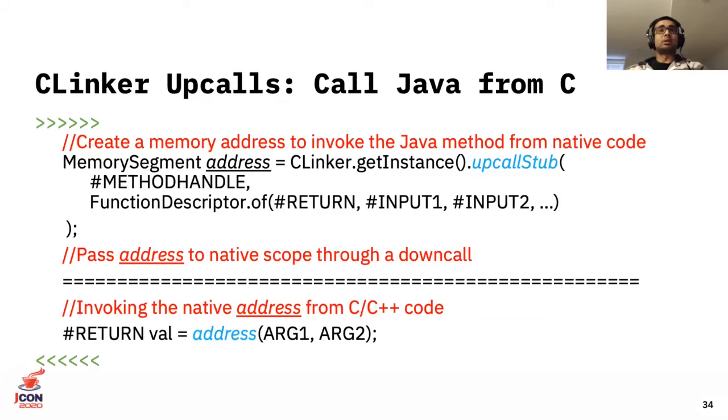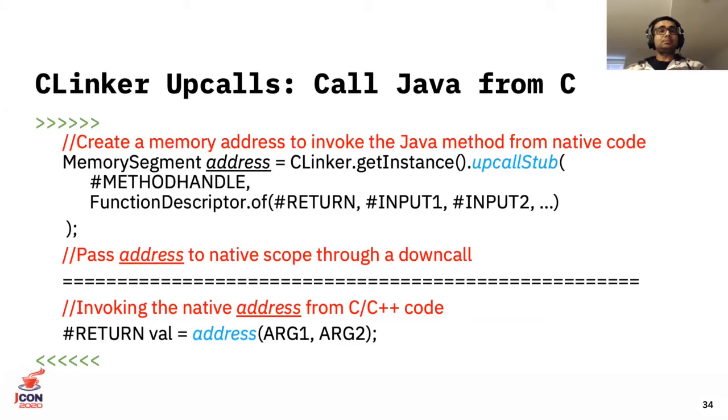Now let's look at upcalls, which is the opposite of downcalls, where Java methods will be invoked from native code. For this, the CLinker class has a method named Upcalls, which accepts a method handle that will invoke the Java code. And it also accepts the function descriptor for generating a native wrapper.